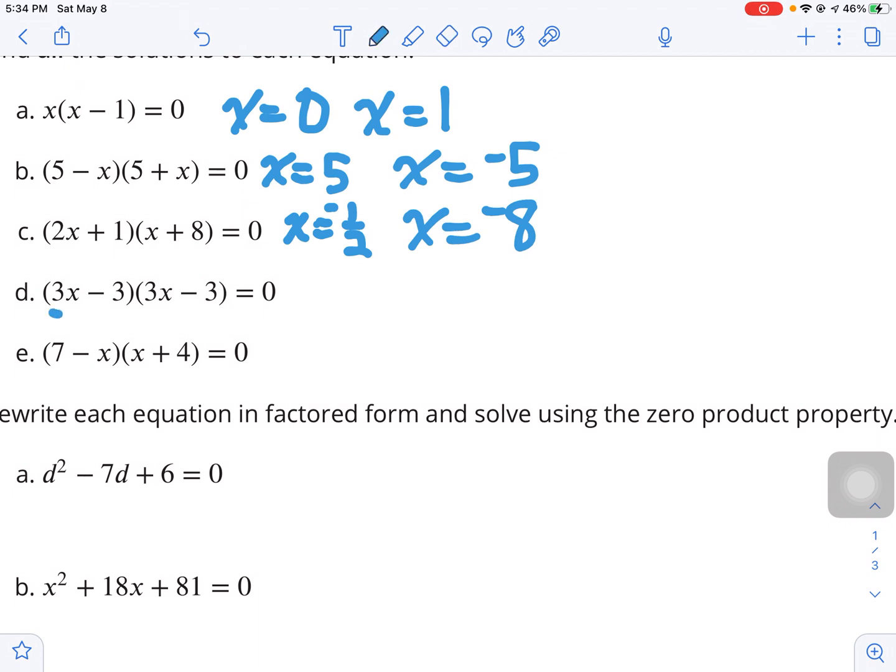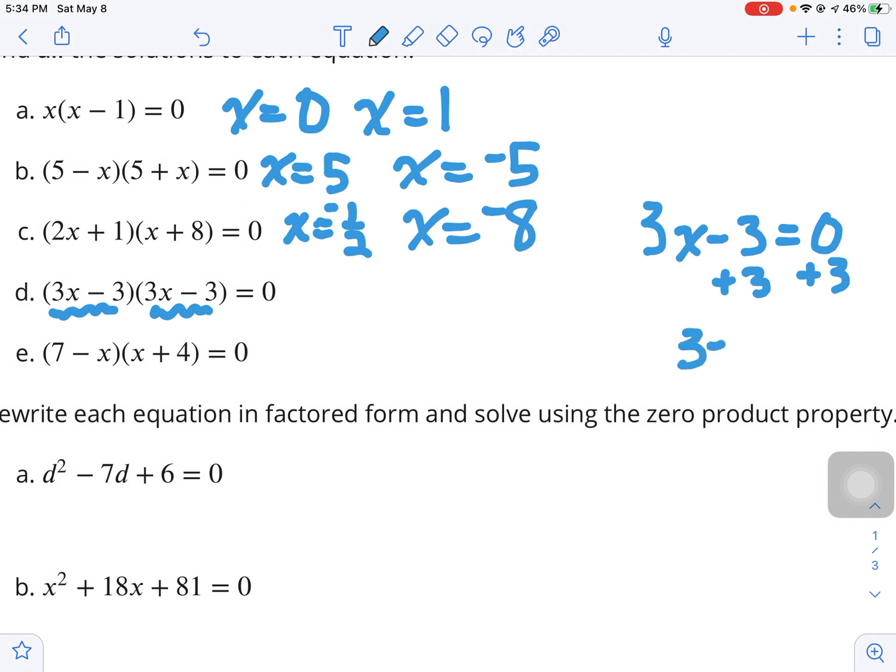In the next one, letter D, these two are identical. They're the same, so we only have to do it once, which means this one only has one x value that's going to make it 0. If we add 3 to both sides, we get 3x is equal to 3. So divide by 3 on both sides, and we have x is equal to 1.